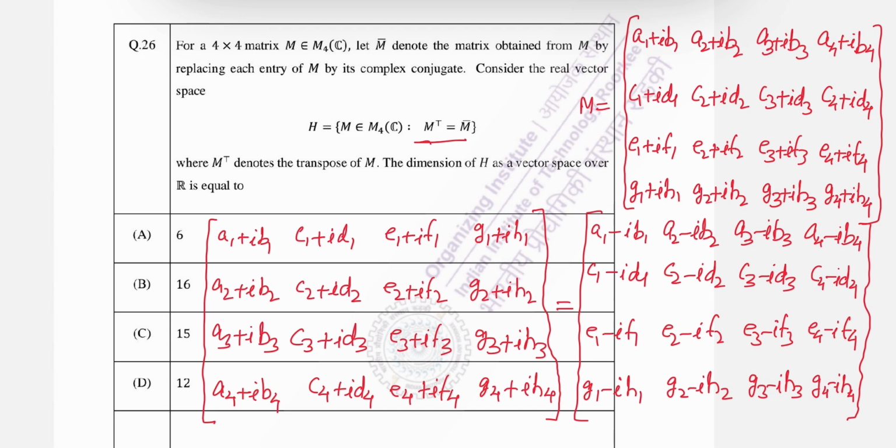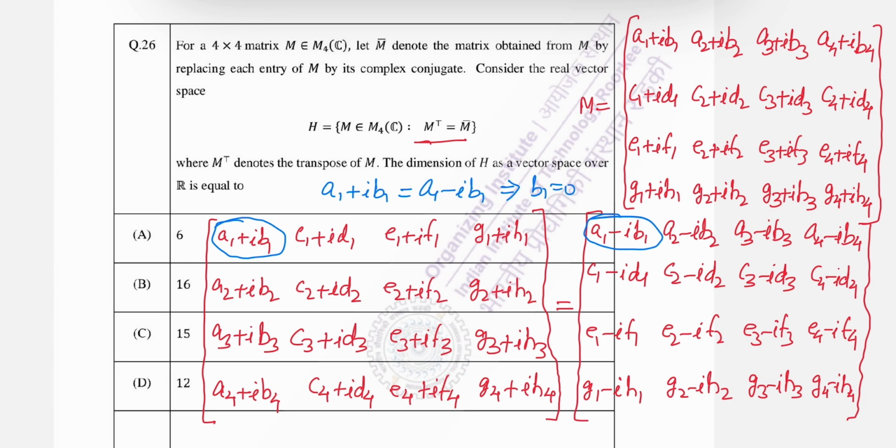Okay, now we compare. Here we compare: if the two matrices are equal, then their corresponding entries must be equal. So this will be equal to this one. And if we equate A1 plus iota B1 equals A1 minus iota B1, then this gives us B1 equals 0.